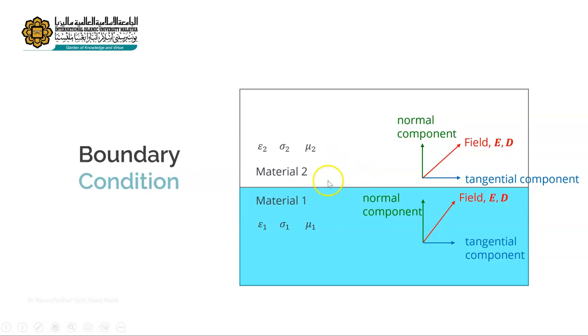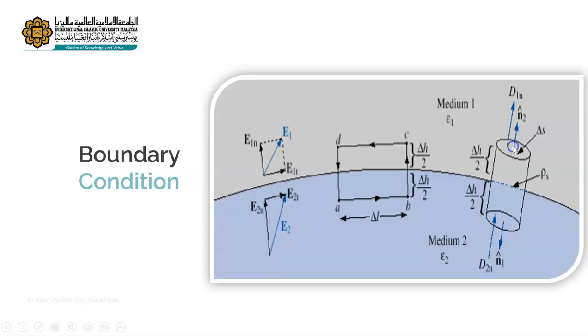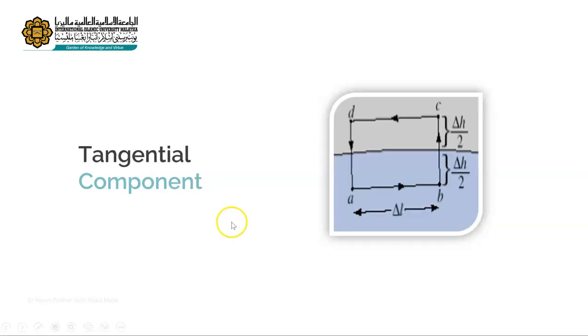Considering these two materials, you will have its own normal component, its own tangential component, and its own field, E or D. Usually there are two kinds of component that we're going to consider here.